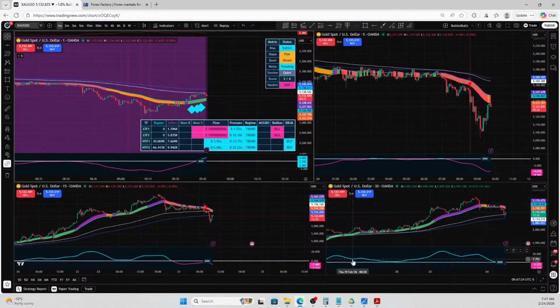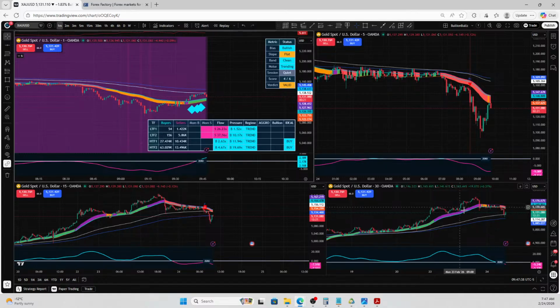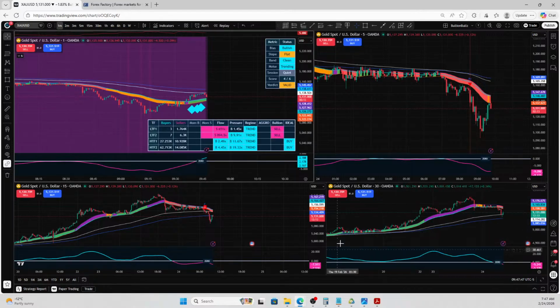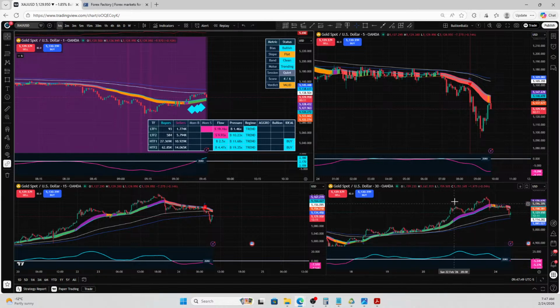Next, we're waiting for price structure. Either it makes a higher high and higher low, or it makes a lower high and lower low. Right now, our price structure is still bullish on the higher time frame.